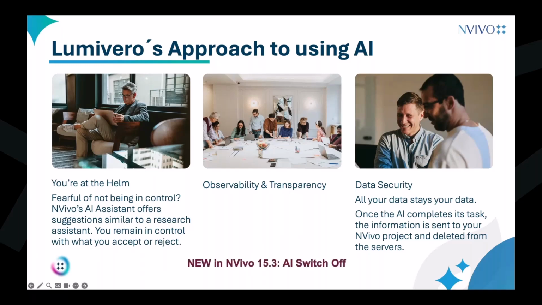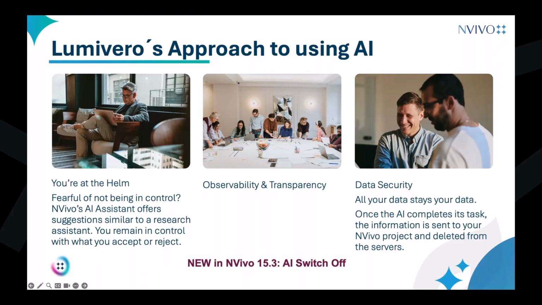And also, this is something that has been requested by a few organizations or researchers that are unsure: am I allowed to use this or not? With NVivo 15.3, you now have an AI switch off. So you can either switch off the AI for an entire license via the My Lumivera portal, which is the license management portal that you might be familiar with, or you can also disable it on specific devices.